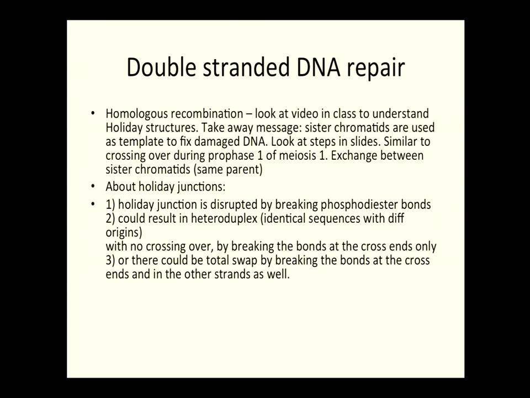It's similar to crossover during prophase 1 of meiosis, but over here the exchange is happening between sister chromatids and not chromosomes from different parents. If you picture it like the same parent with two chromosomes.